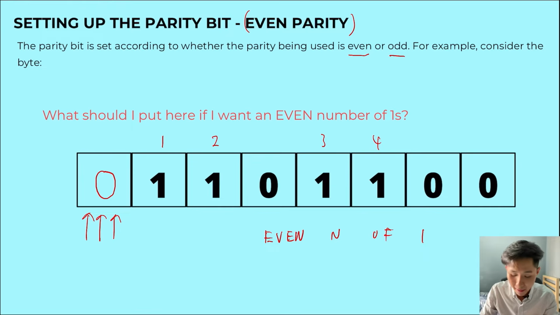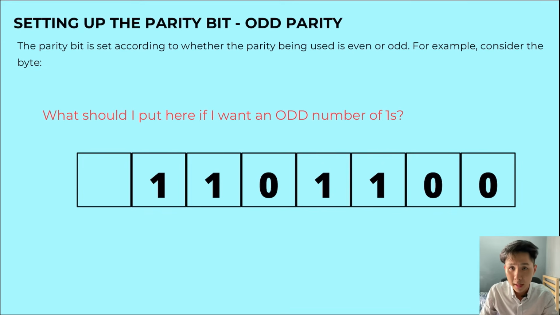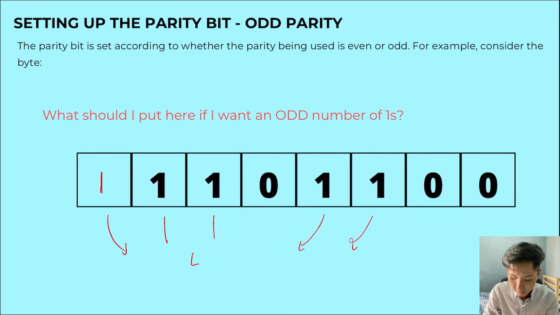That's how we set up a parity bit. In another example, if I want an odd parity check, my parity bit will have to be 1, so that eventually I can have 1, 2, 3, 4, 5, five 1 bits, which is the odd parity bit.